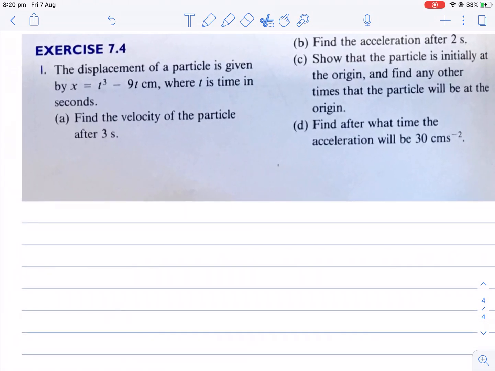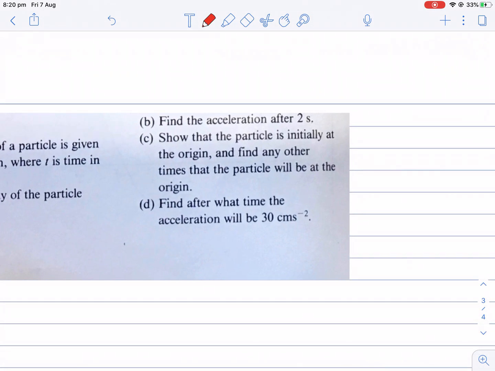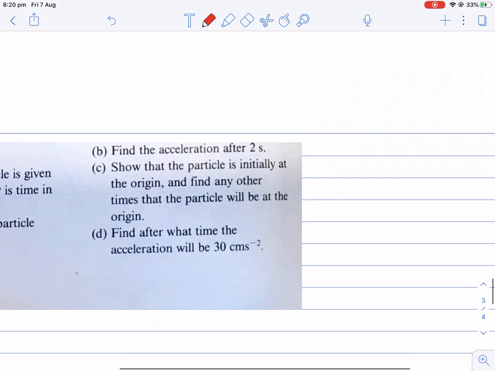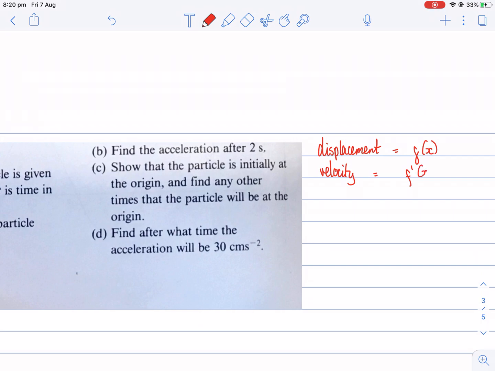Okay, now, with these, I want you to remember that if you've got displacement equals f of x, then velocity equals f dash x, and acceleration, actually instead of f, I'm going to do d.